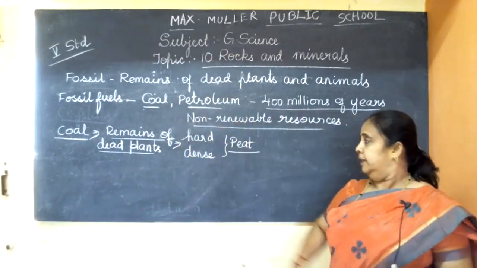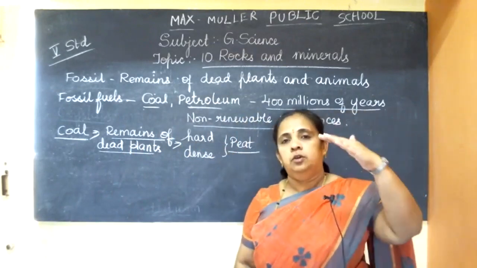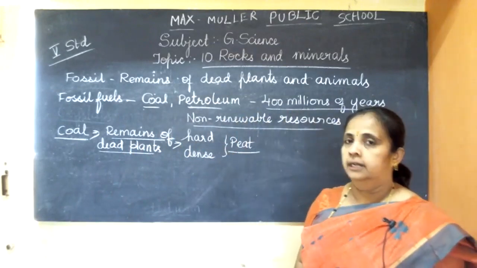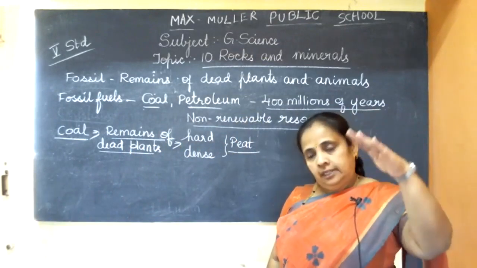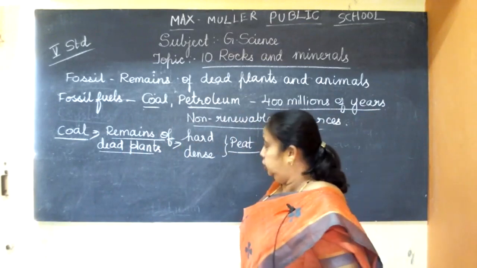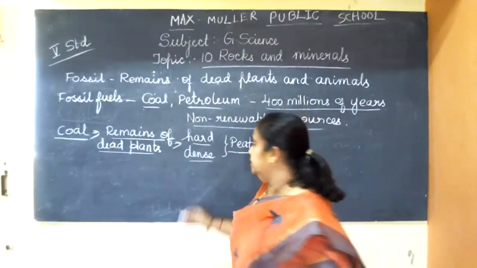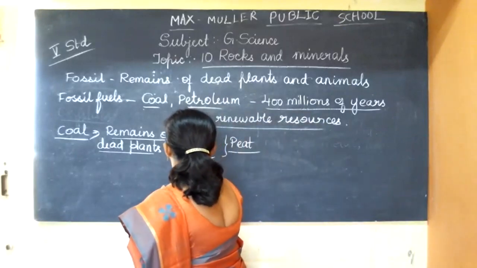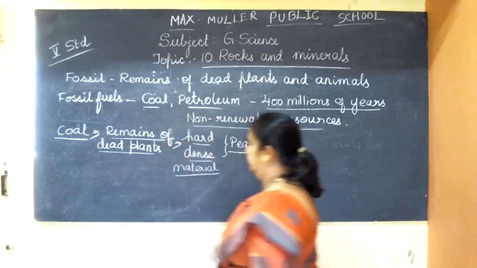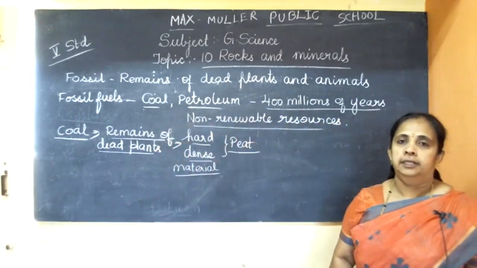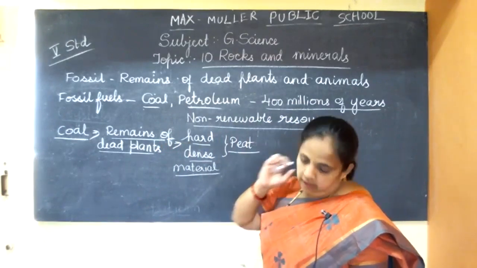As the layers of dead plants get deposited one upon the other, because of the heat and the pressure, those remains change into hard and dense material. Dense means very thick material. That thick material is called peat.